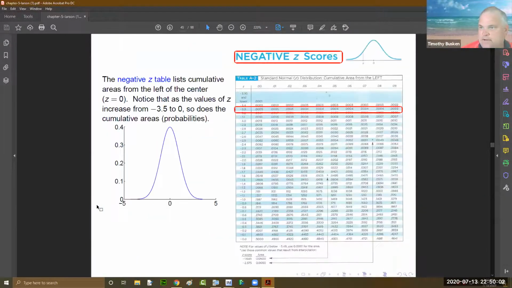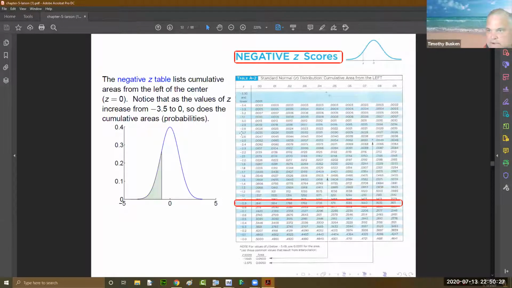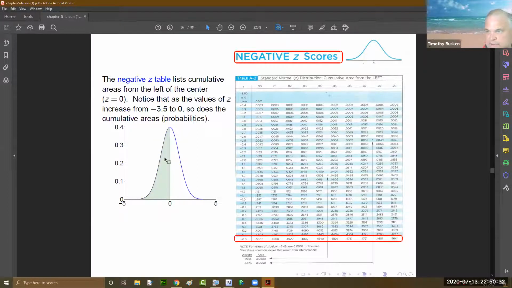What else have I got on here? Take a look at your z-table, the negative z-score side. Notice the sequence of numbers in this first column. It starts at negative 3.5 and lower, and they start to increase. As the values of Z increase, so do the probabilities or the cumulative areas, until finally on this last row, the value of Z increases to 0.